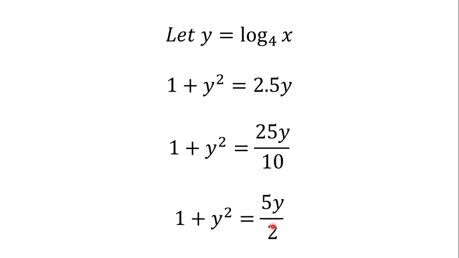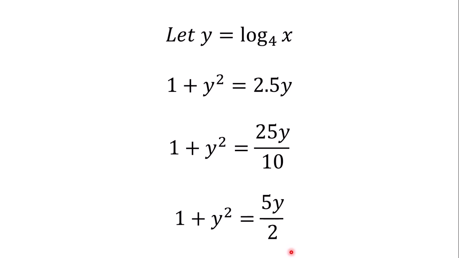5y over 2. Now with this, when you multiply it through, you will not waste another time reducing the equation. So now let's multiply 2 through, that is the LCM here, so that this fraction will be eliminated.